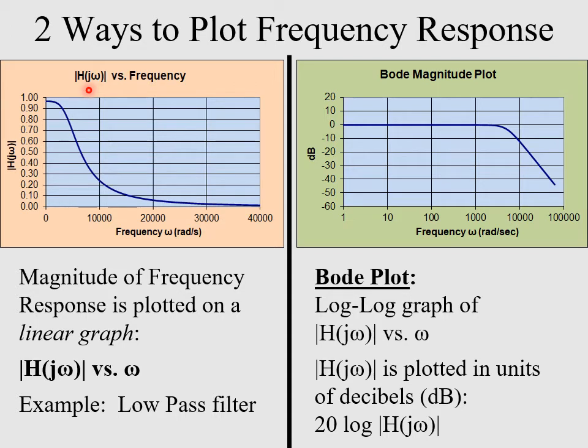So we have H of j omega, and we're going to plot it versus omega, versus frequency. So this is a linear graph of the magnitude of frequency response versus radian frequency. And again, this is our low-pass filter.